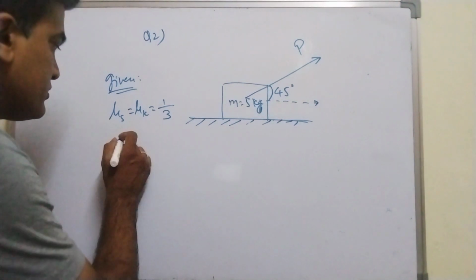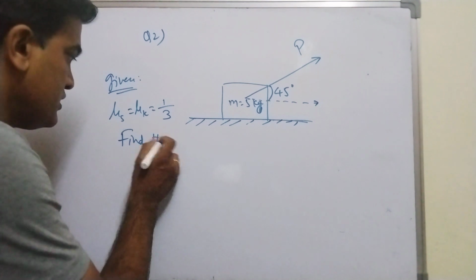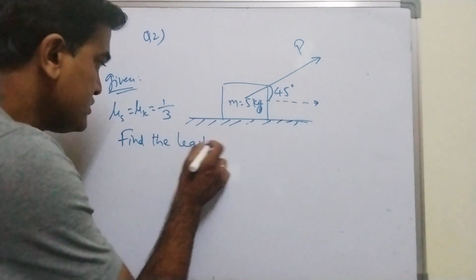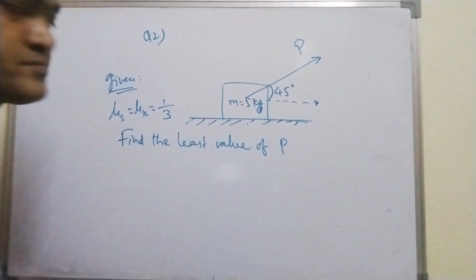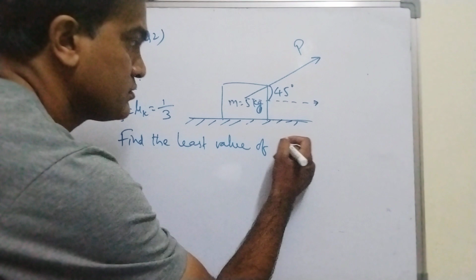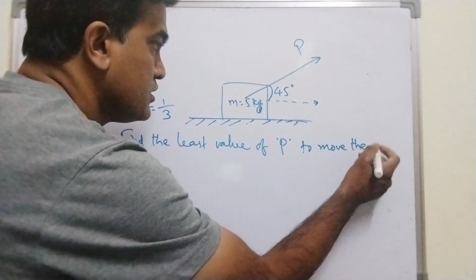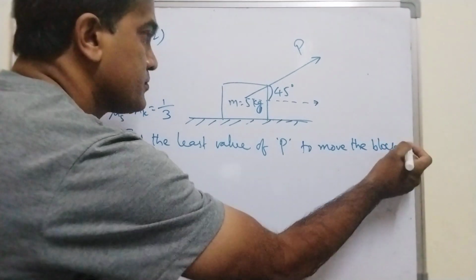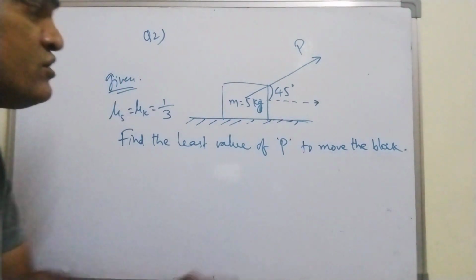Now what I want is to find the least value of P required to move the block. This is the scenario. Least value of P means what?